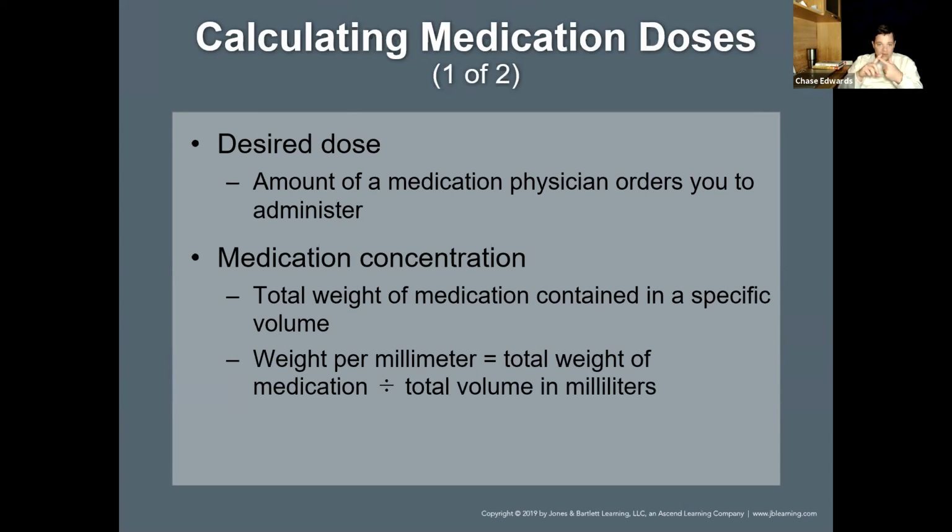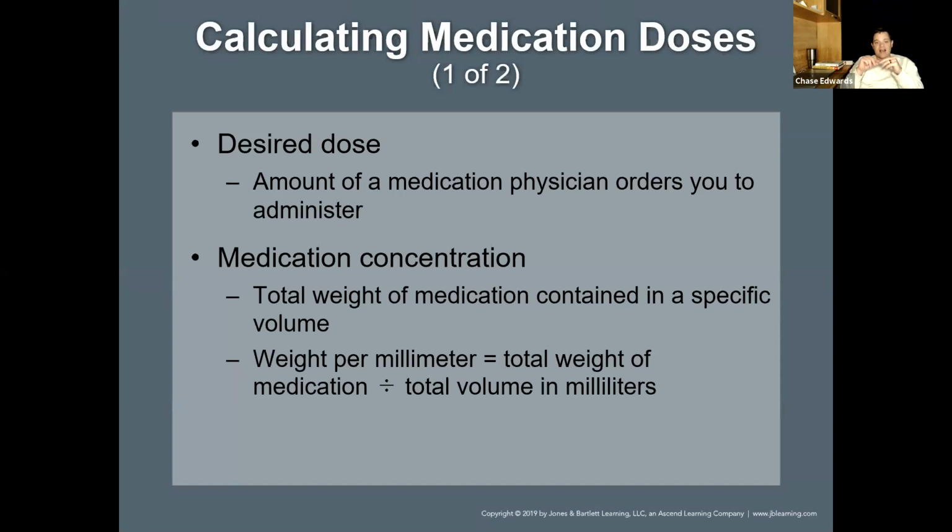The desired dose is the amount of medication that the physician orders you to administer to a patient, and that may be expressed as a specific number of grams or milligrams per kilogram of body weight.